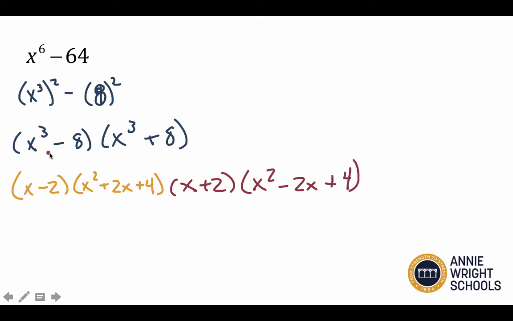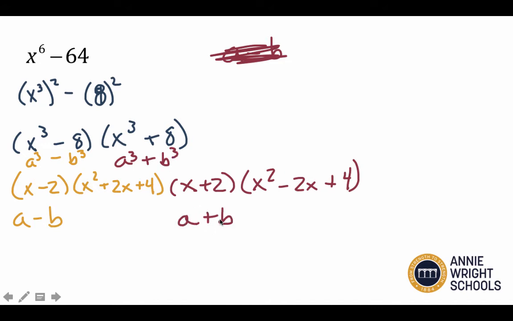So the memorization that I do have is I know it goes a minus b for a difference of cubes. I know it goes a minus b for a cubed minus b cubed. And then I know with the second one, a cubed plus b cubed, it goes a plus b.